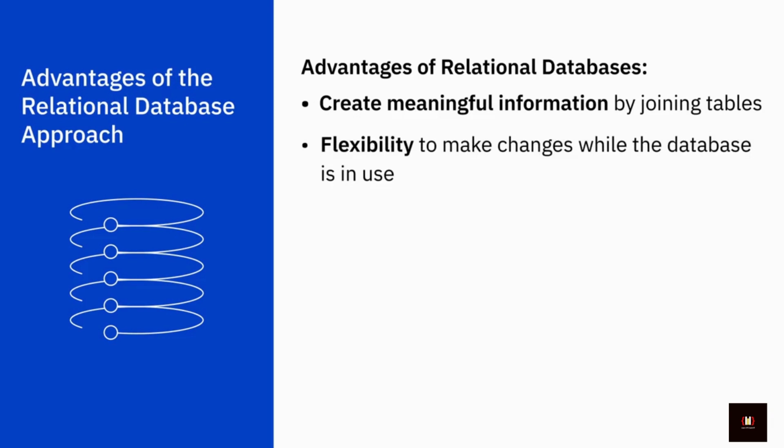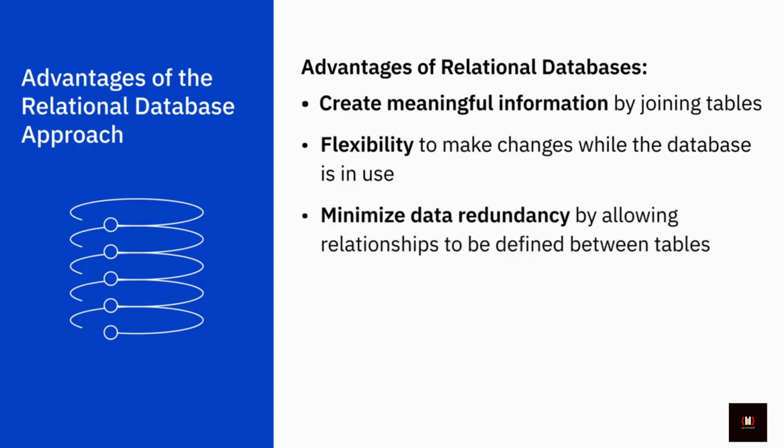Using SQL, you can add new columns, add new tables, rename relations, and make other changes while the database is running and queries are happening. Reduced redundancy. Relational databases minimize data redundancy. For example, the information of a customer appears in a single entry in the customer table, and the transaction table pertaining to the customer stores a link to the customer table.